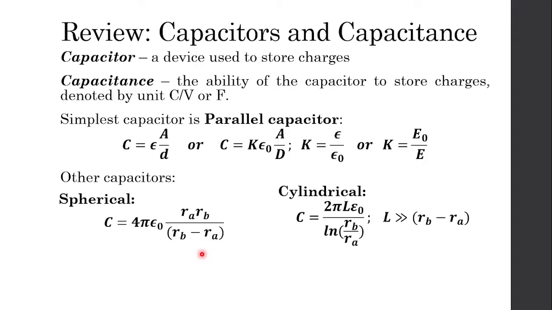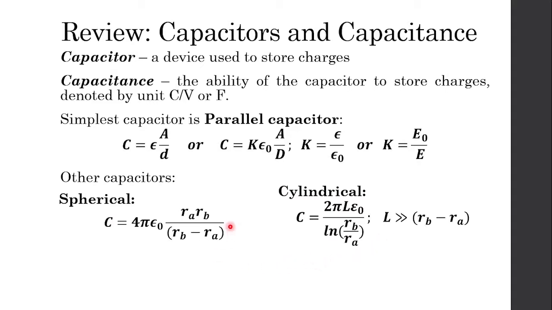Or we can also have cylindrical capacitors, and we use this equation to solve for the capacitance of a cylindrical capacitor. But these are more complicated than just a parallel capacitor, and in this lesson we are dealing mostly with parallel capacitors. We will have a few examples of these, but most of the time we're going to keep it simple because these parts right here are more intended for a higher level of learning.